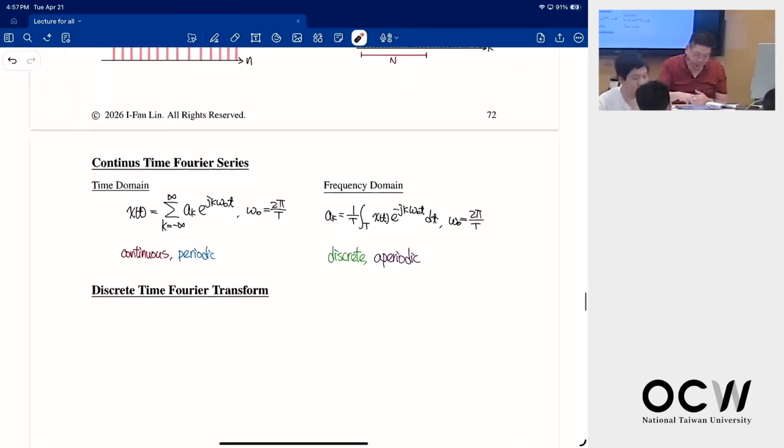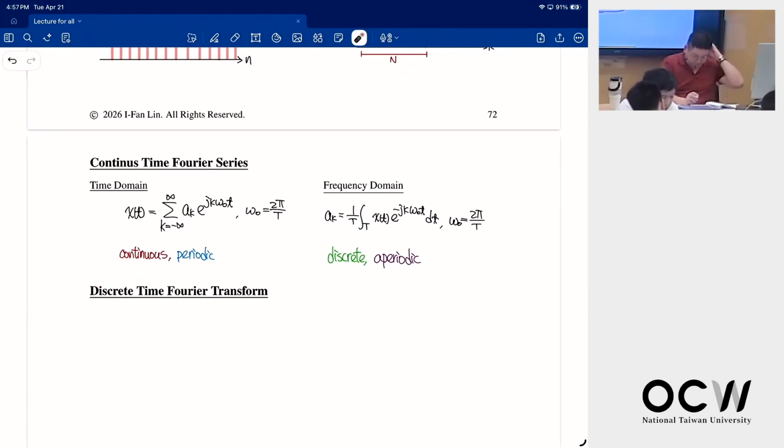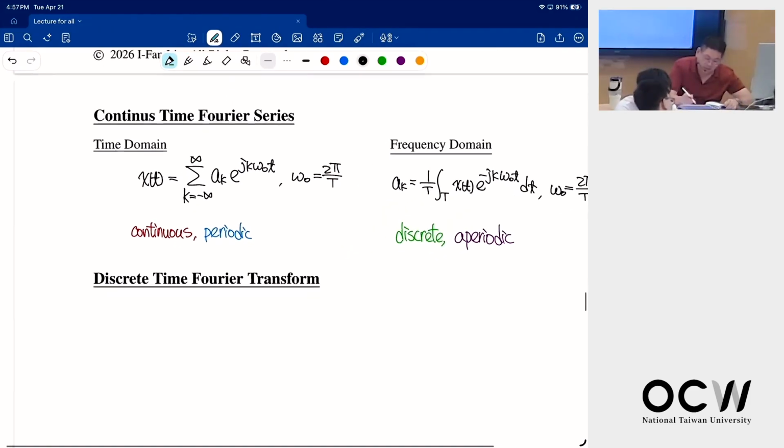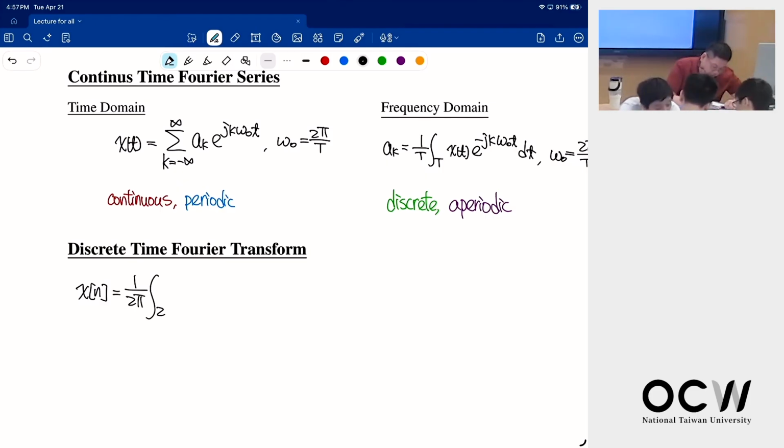Last one, the discrete-time Fourier transform. So for discrete-time Fourier transform, the signal is also a linear combination of your basis.